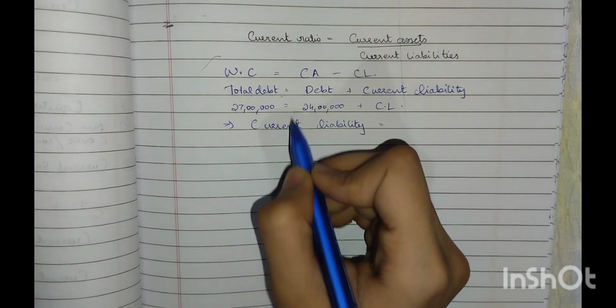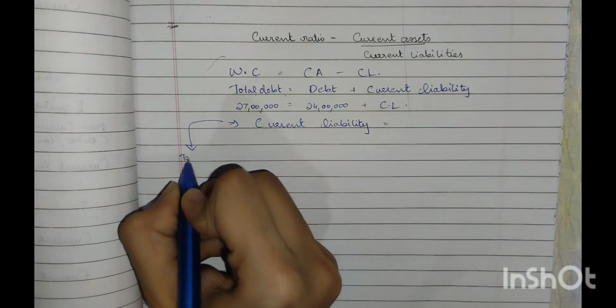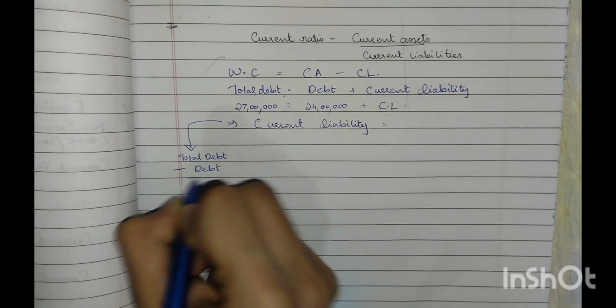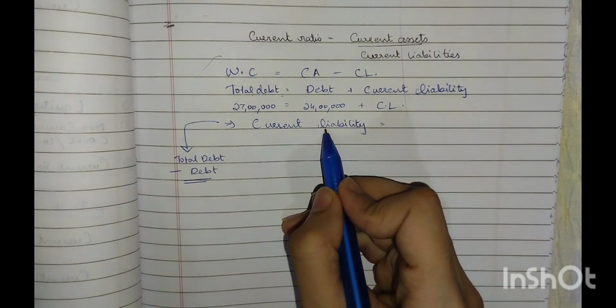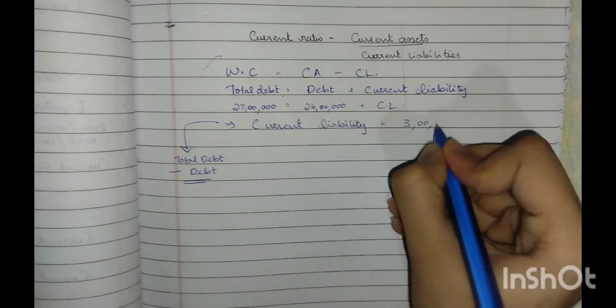Total debt minus our debt gives us current liability. Current liability is total debt minus debt. Right? So this is 27 lakhs minus 24 lakhs, 3 lakhs.